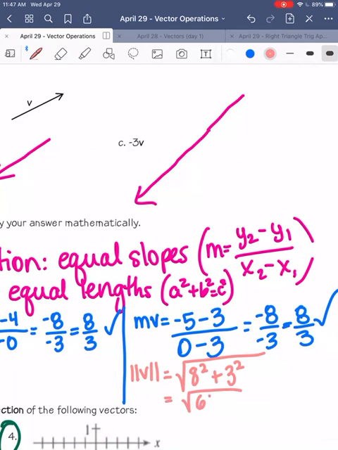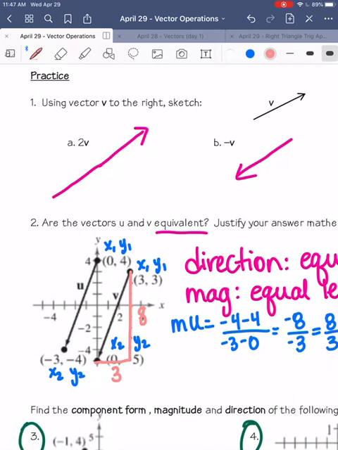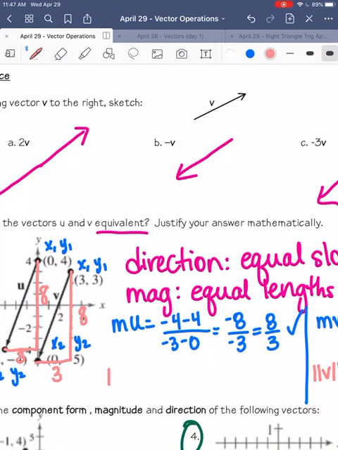Okay? All right, so we get 73. Now let's see if we get the same thing for u. Yep, so this is 8 and this is 3. So we automatically know that the magnitude of u is going to be using those same numbers, which will produce the same answer.